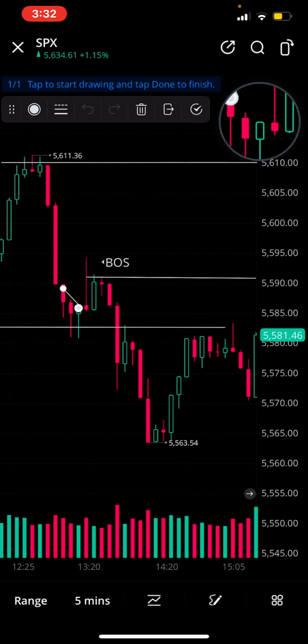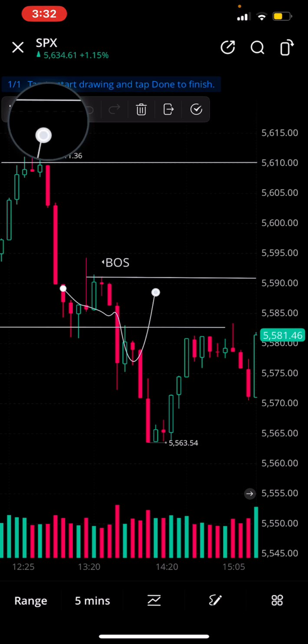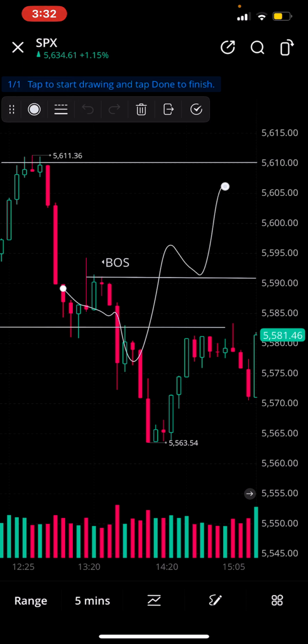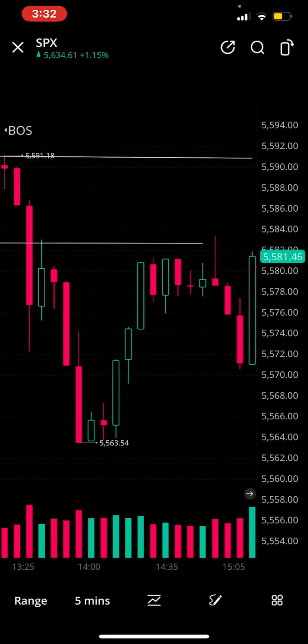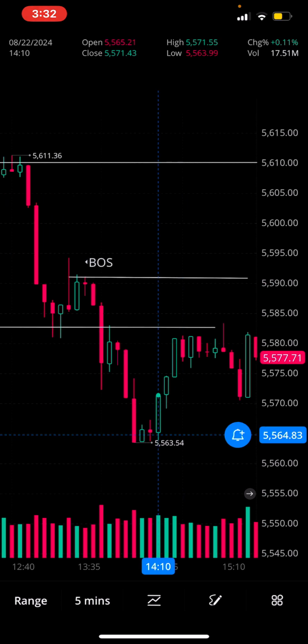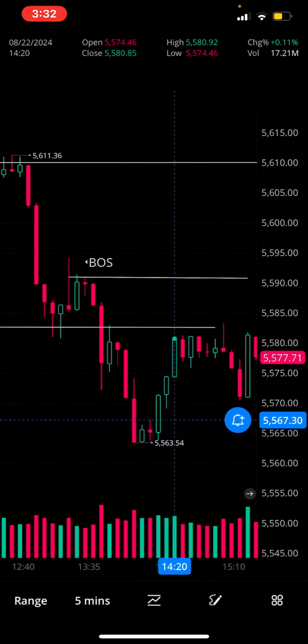Turn around, do something like this, break through it, consolidate, touch, and continue. We just broke structure. That's why these structure points are very, very important. So you're still running straight out. Technically, by the time you got here, you should have already been done with your trade. There's no reason anybody should still be sitting in this.